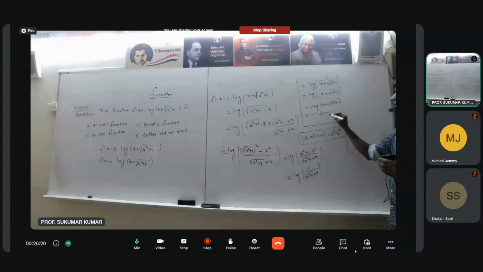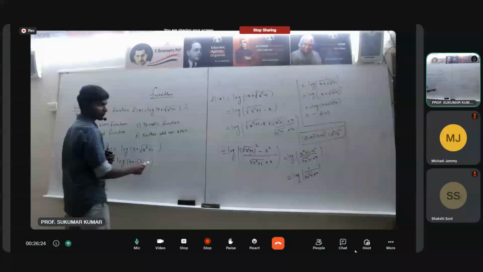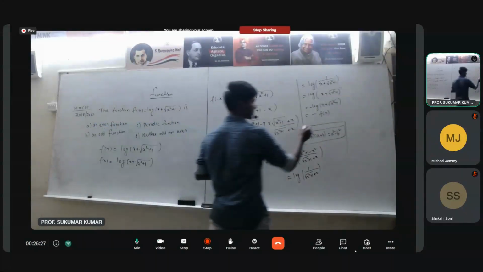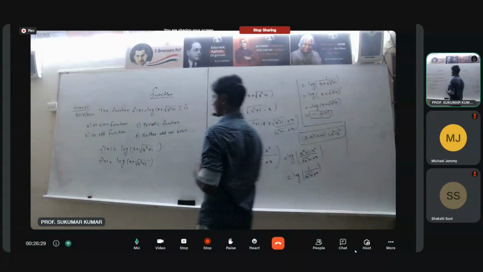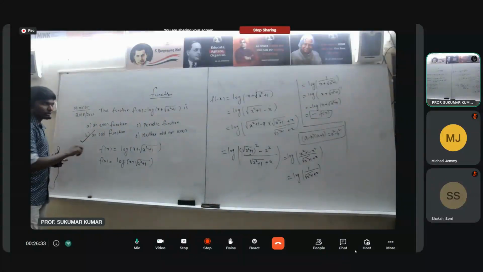Your f of x is log of x plus root x square plus 1, and we are bringing this minus in front, which means your function will be an odd function. Got it? Copy it and let me know.